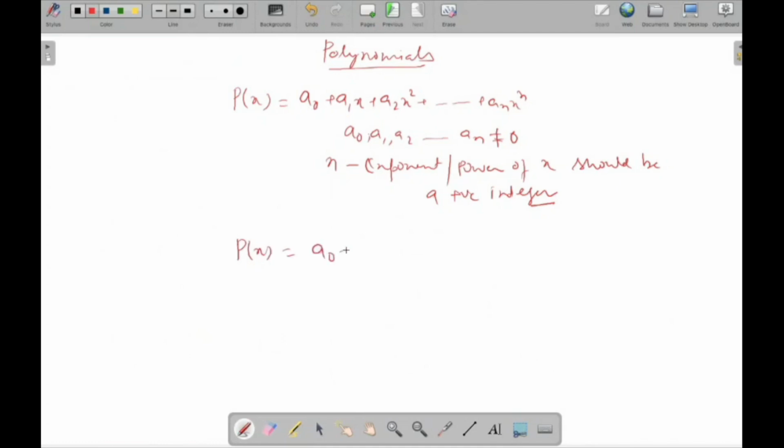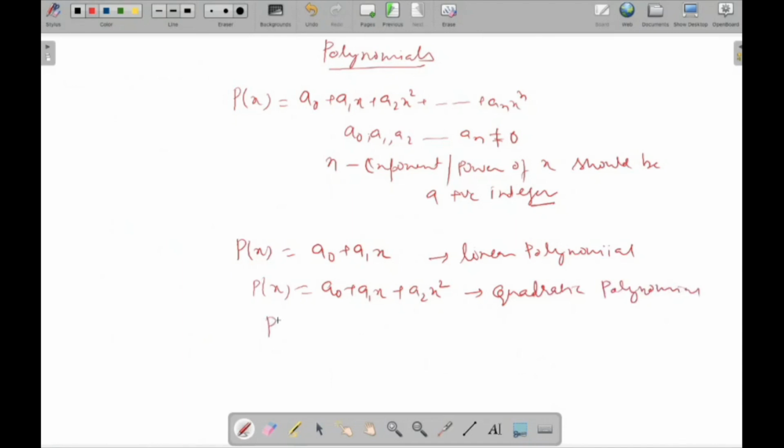Something like a0 plus a1x will be called a linear polynomial, because the exponent of x is 1 here. p(x) like a0 plus a1x plus a2x square would be called a quadratic polynomial. And p(x) equals a0 plus a1x plus a2x square plus a3x cubed would be called a cubic polynomial.